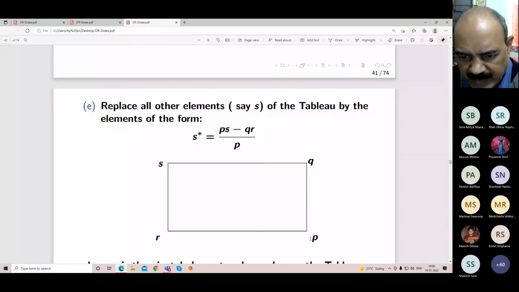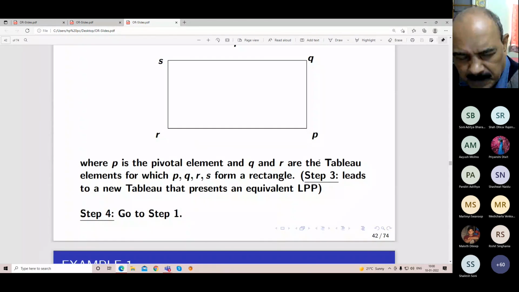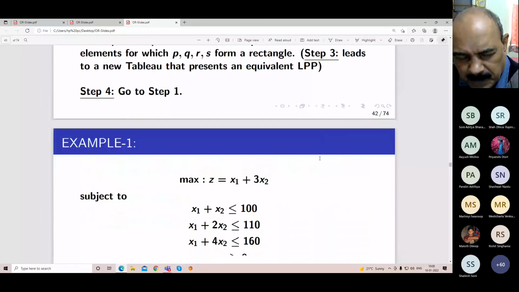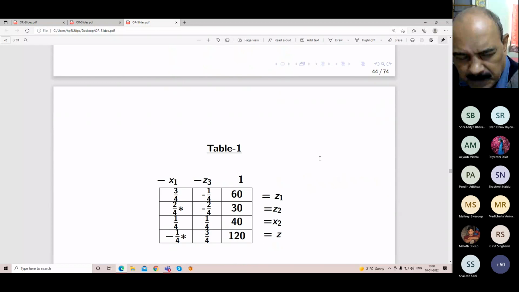So for this S location, S star equals P into S minus Q into R by P. As a result, we have the new table in this manner.